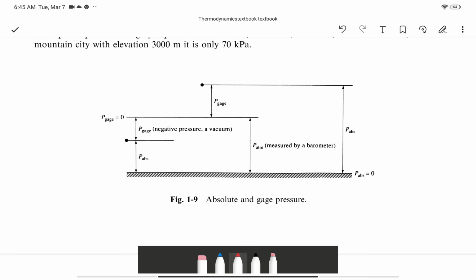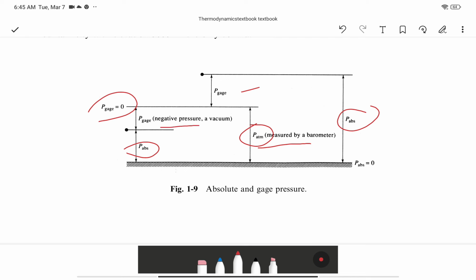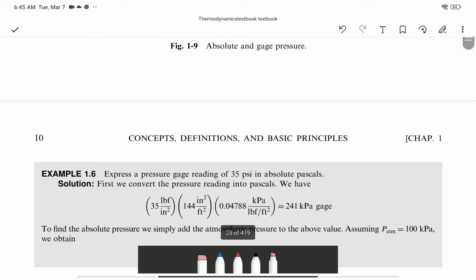So for P absolute, that is equal to this and this. Gauge is equal to 0. You have P abs is equal to atmospheric pressure minus P gauge. So same as before.